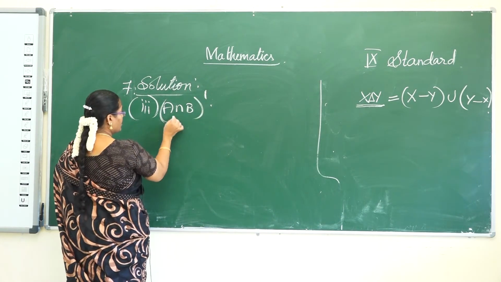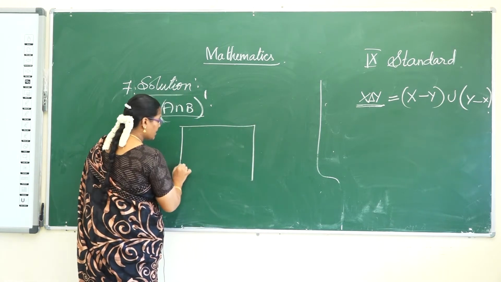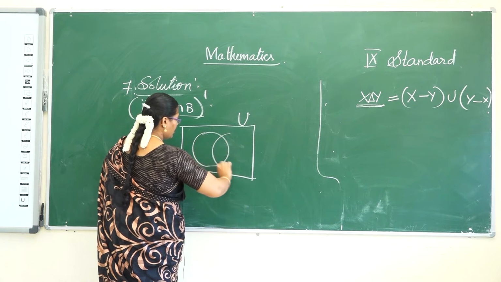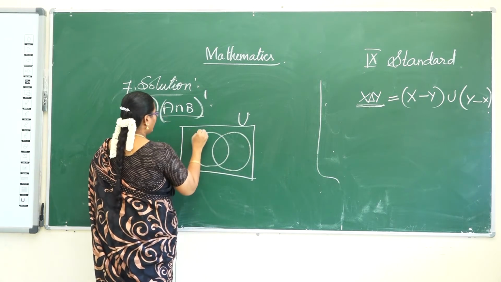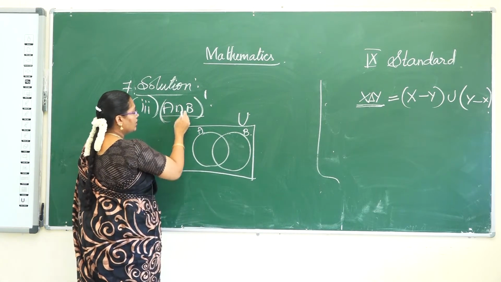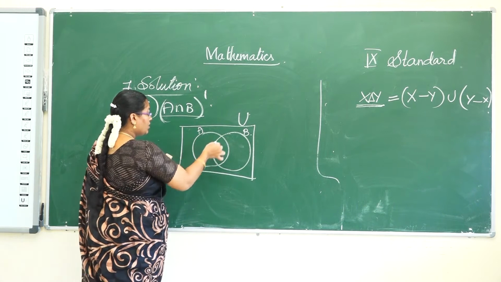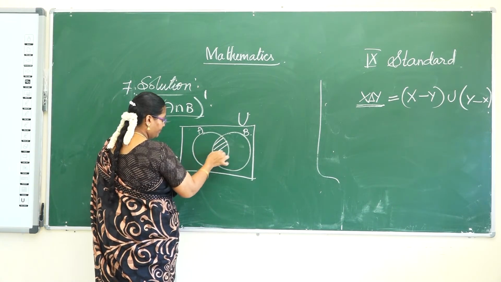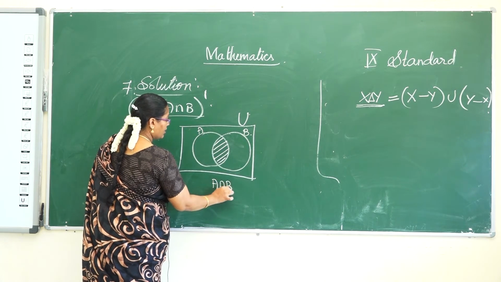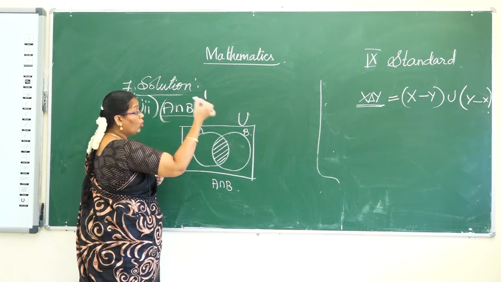Okay. So first draw A intersection B. First we should draw the universal set U. After that draw the two sets overlapping, denoted as sets A and B. Intersection means what is common to both sets A and B. So it's the common part. So it's A intersection B. We need here A intersection B, the whole complement.